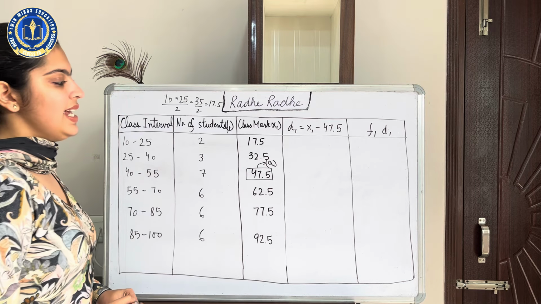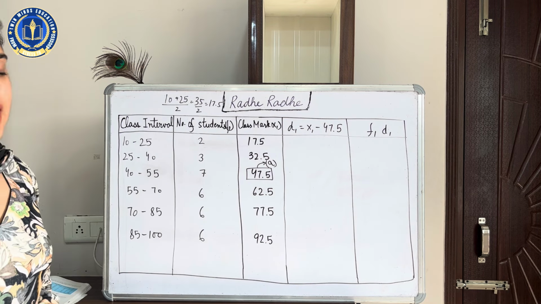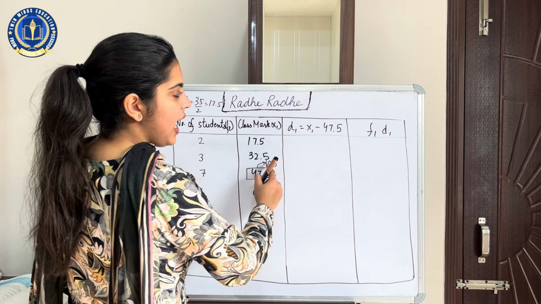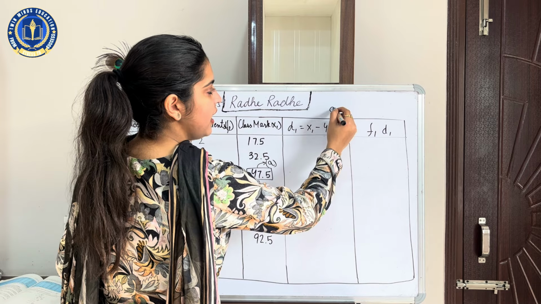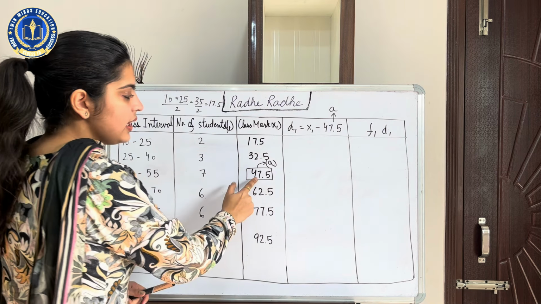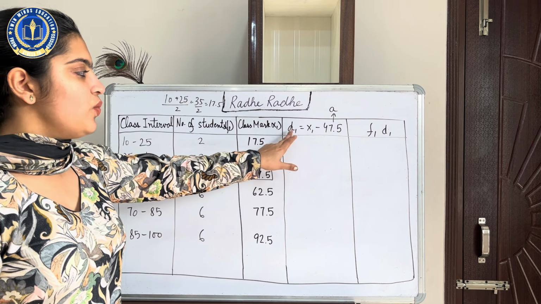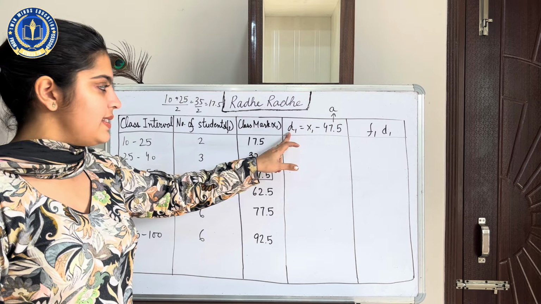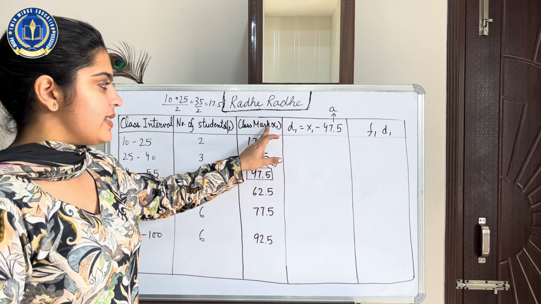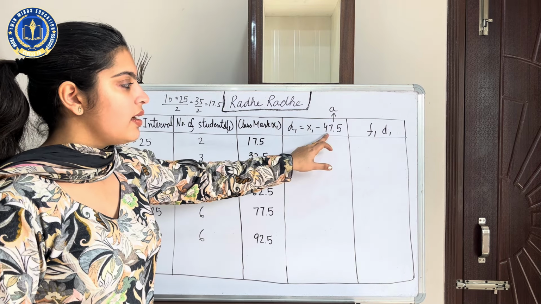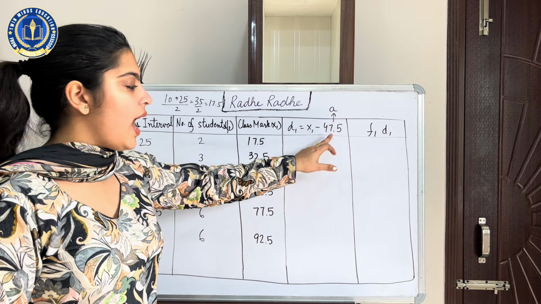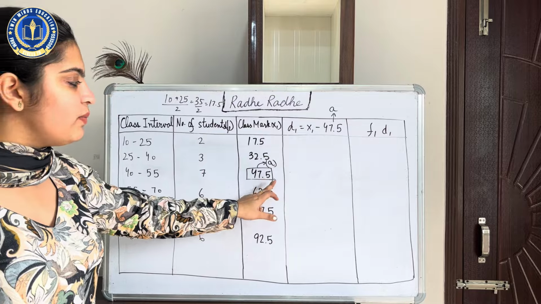This will be assumed mean, and the same A I have written here also. This is my A. Now coming to the next column, it is d dash. What is d dash? d dash is basically xi, that is the class mark, minus our assumed mean, and our assumed mean was 47.5.